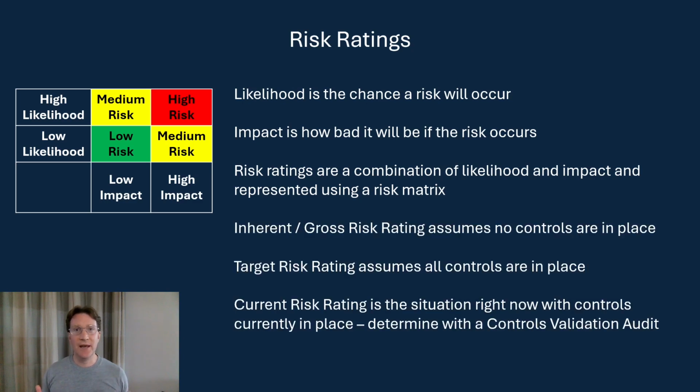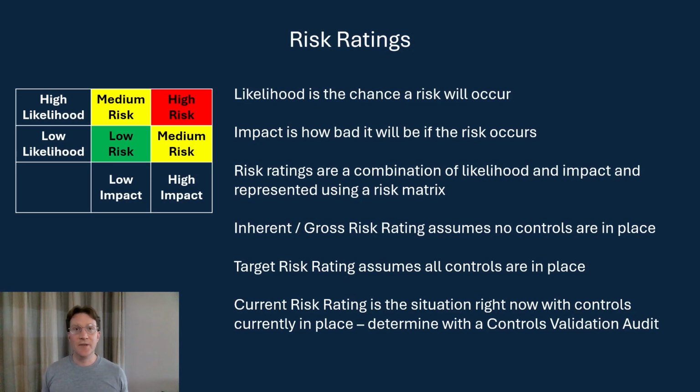Each risk has an inherent risk rating, also called a gross risk rating, which is the worst case scenario. This assumes that we have no controls in place at all. We then have the target risk rating, which assumes that all the controls that we recommended are in place and working effectively to lower the risk to the point that we want it to be at.